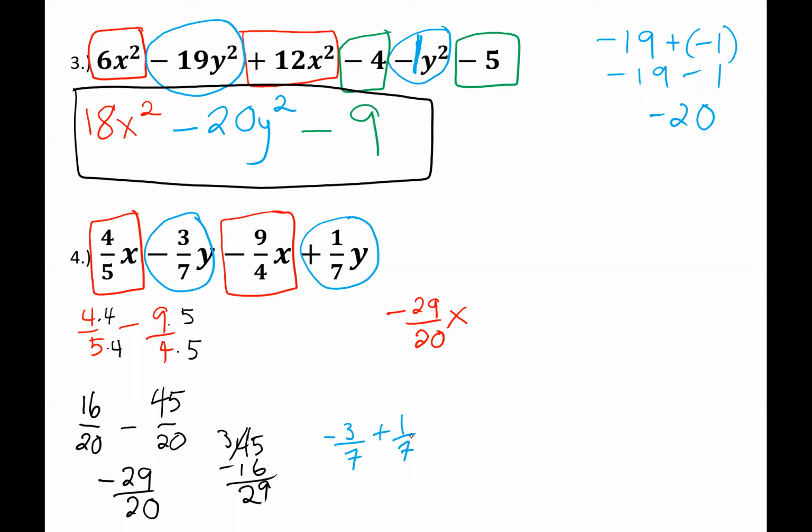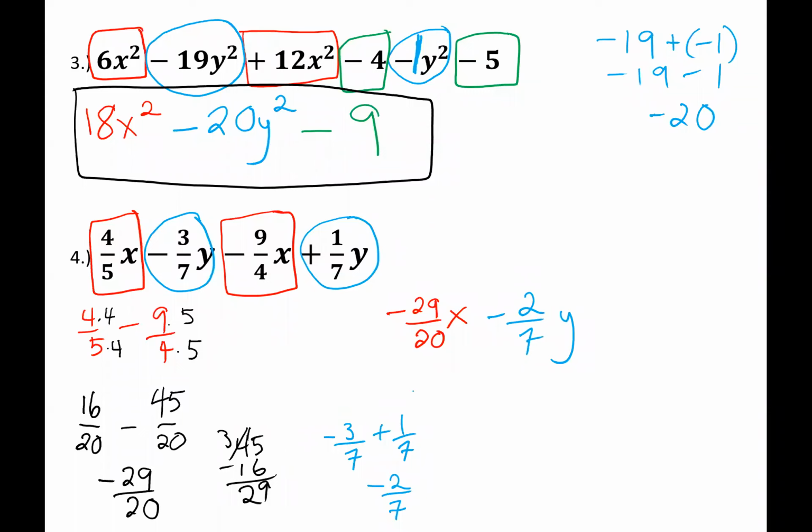I'll just add the numerators. Negative 3 plus 1, because the signs are different, I'm subtracting and keeping the sign of the bigger number. The bigger number is 3, which is negative. So negative 3 plus 1 is negative 2. So negative 3/7 plus 1/7 is negative 2/7. Putting that all together, basically putting the y in the answer, that term now becomes negative 2/7 y.